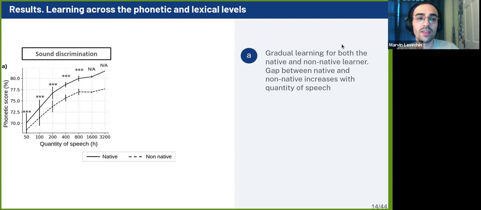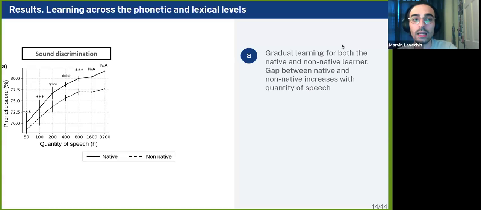What we observe is that with more exposure, models become better at discriminating sounds, and this is true in both the native and the non-native conditions, which makes sense. Being exposed to English also helps you discriminate French sounds, because you have many common sounds across these two languages.